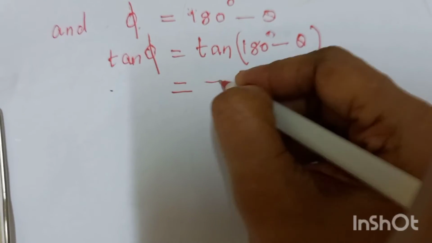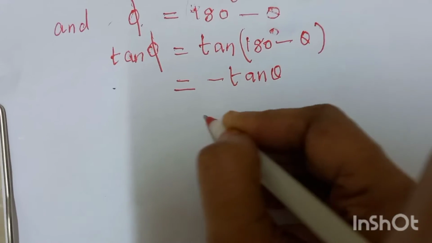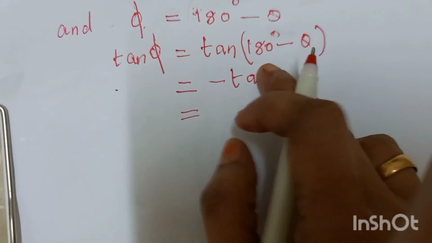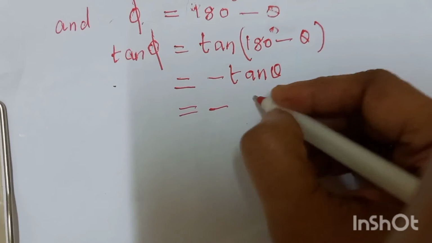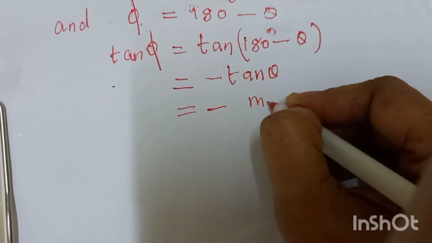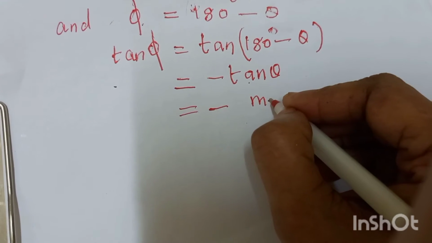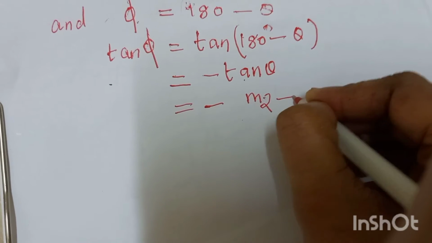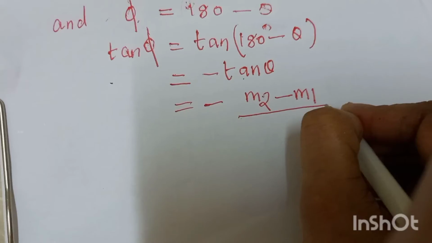Minus tan theta. So we can write, what is tan theta? We already found that. Minus of tan theta, what is tan theta? Minus of (m2 minus m1) whole divided by 1 plus m1 m2.